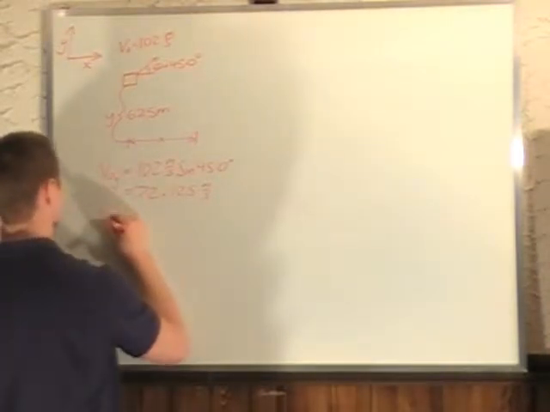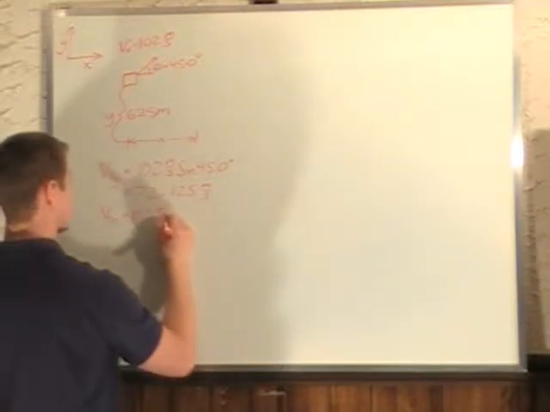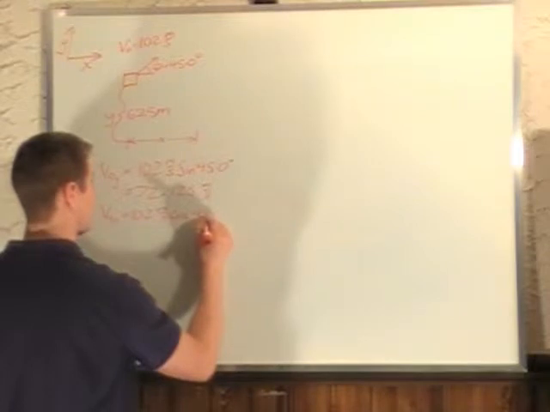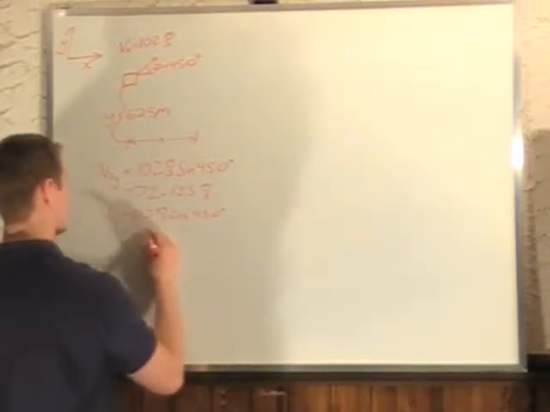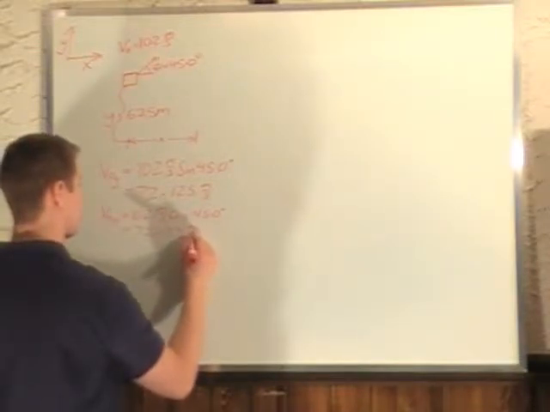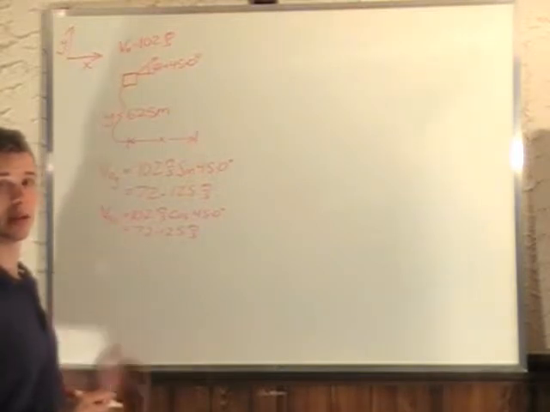So v naught x equals 102 meters per second times cos 45.0 degrees. Run the numbers through and you'll see that it does equal 72.125 meters per second. So we have our initial velocities in the x and y directions.